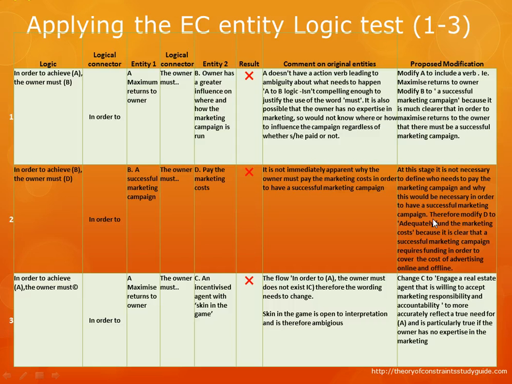Therefore, at this stage I want to just modify D to pick up another specific issue, which is that we need to ensure that the marketing campaign is adequately funded, because it is clear that a successful marketing campaign requires funding in order to cover the cost of advertising online and offline.